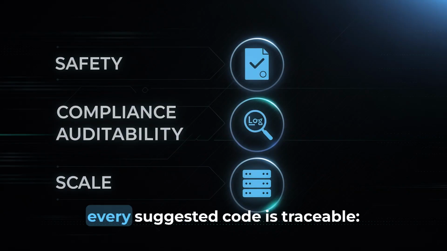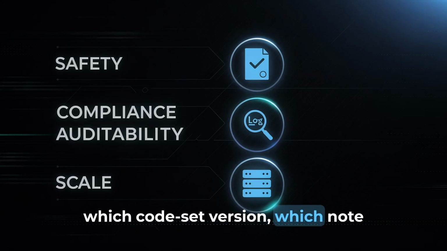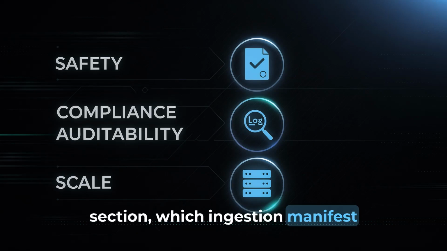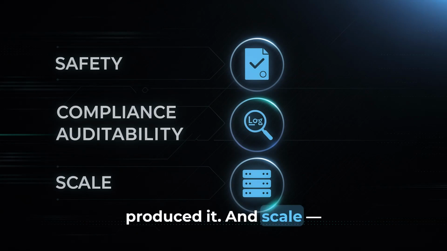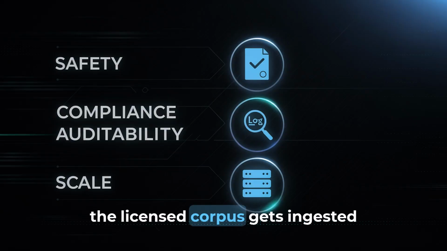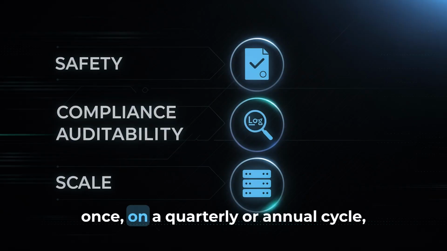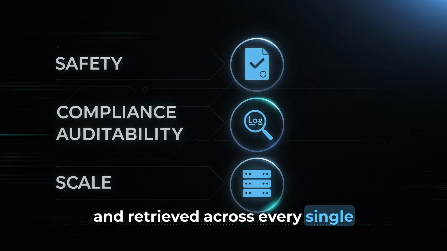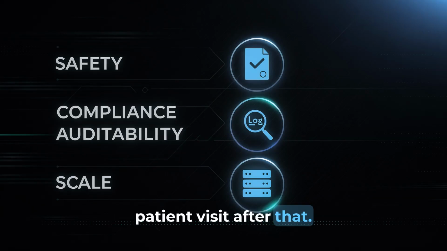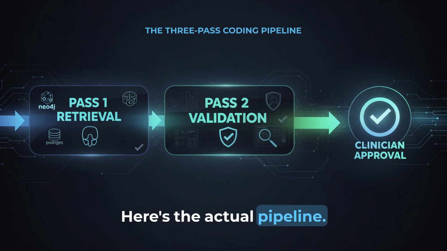Auditability. Every suggested code is traceable. Which code set version, which note section, which ingestion manifest produced it. And scale. The licensed corpus gets ingested once on a quarterly or annual cycle and retrieved across every single patient visit after that.